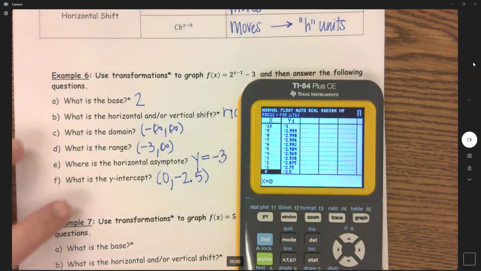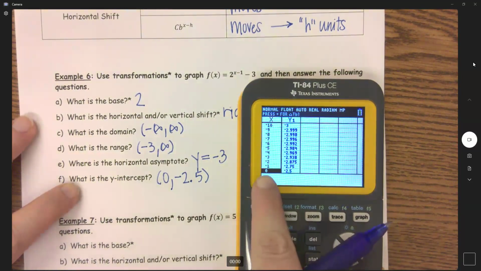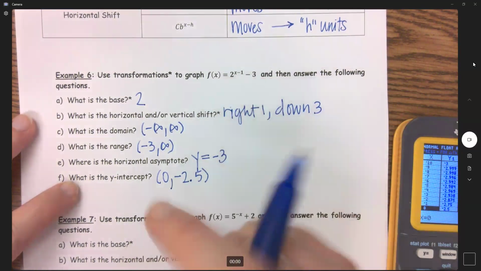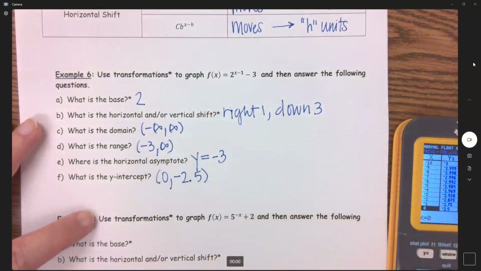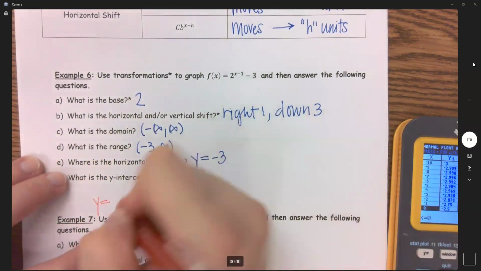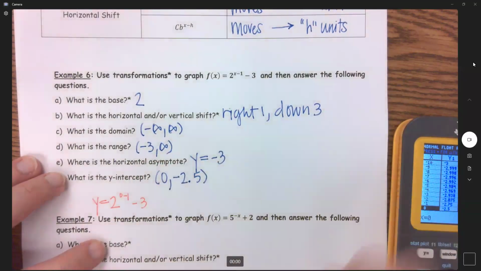But you can also find this by hand. Your y-intercept always happens when your x is 0. So what happens when I plug in a 0 to this x right here? I'm going to do this in a different color since we don't technically need this, but we have y equals 2 to the 0 minus 1, minus 3.